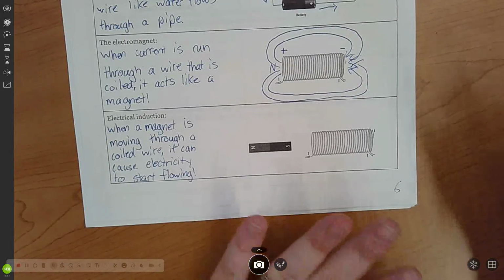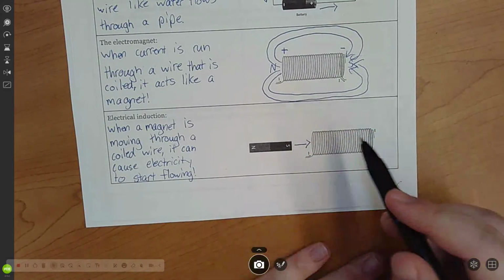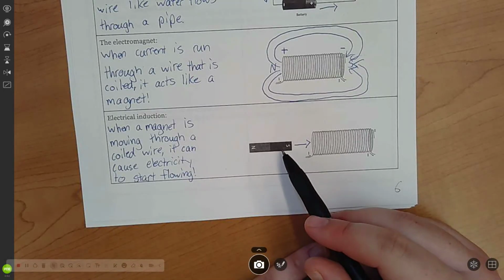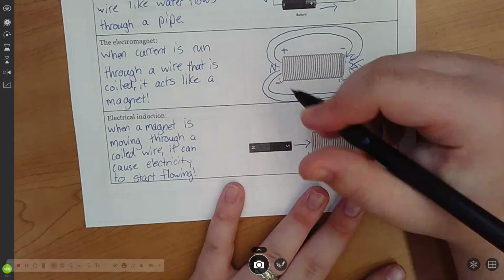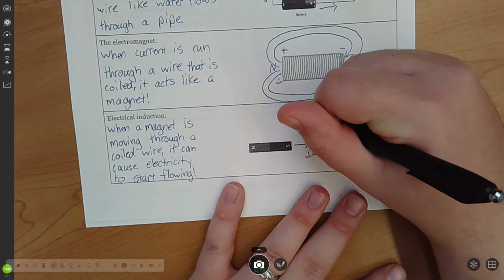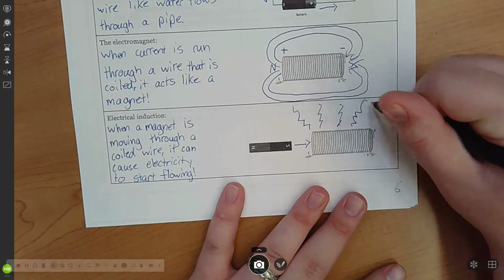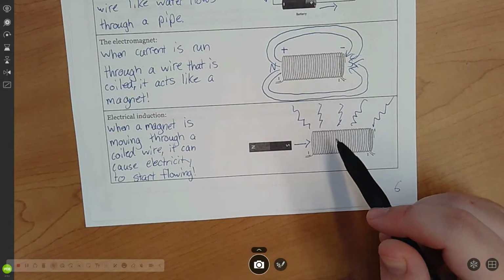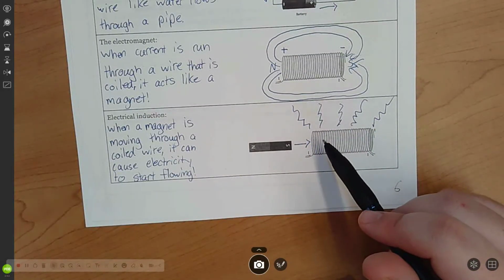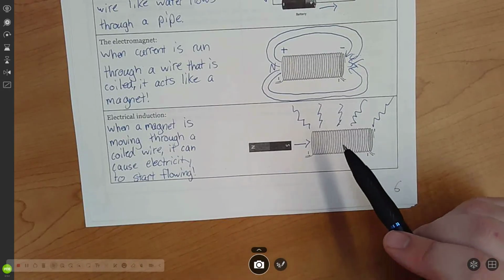Okay. So in our picture here, this magnet has to move through that coil. So we need to take the magnet, move it through the coil, and as we move it, this coil is going to start generating electricity. And then we can take that electricity and bring it to our houses or our stores or anywhere that uses electricity. This is ultimately where it comes from, is moving magnets.